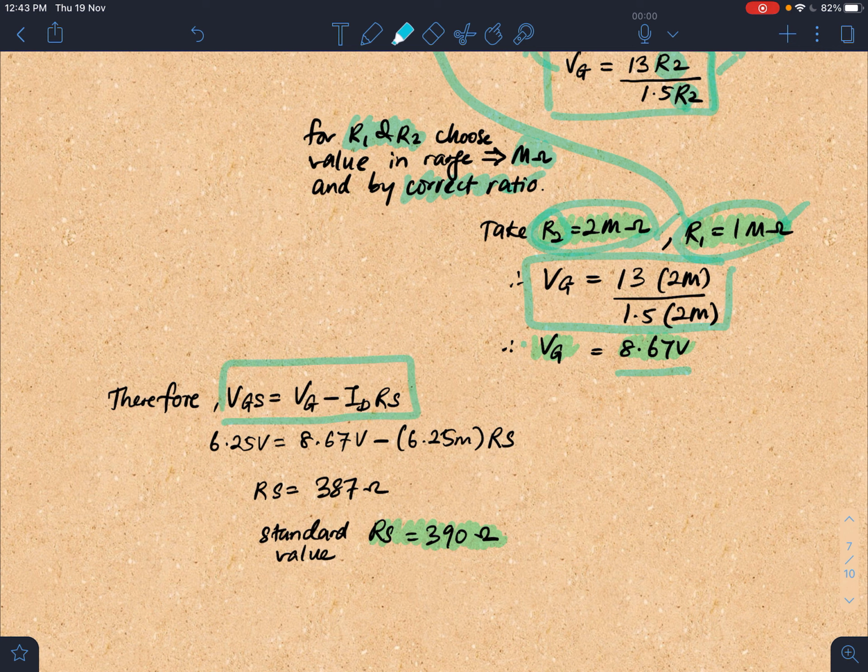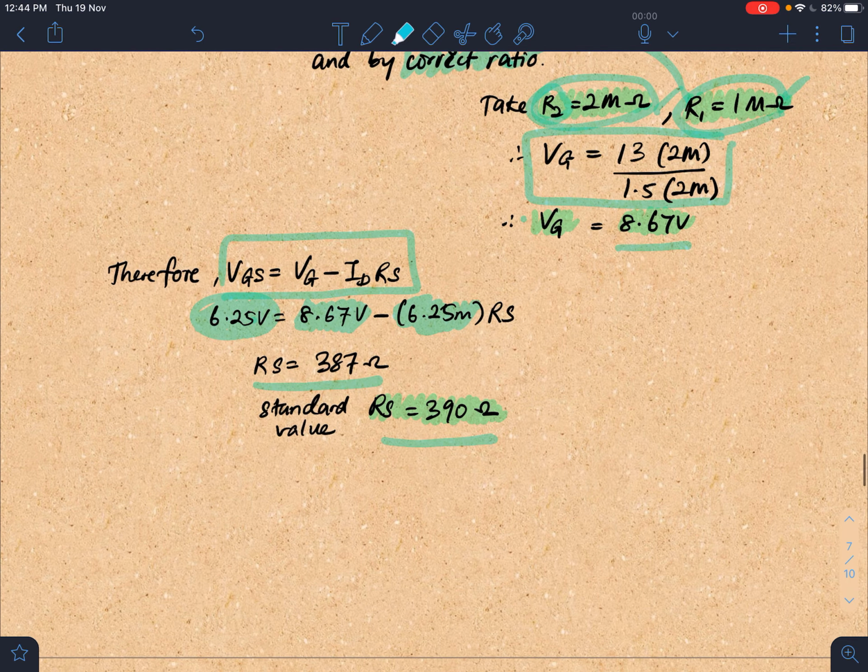Insert the VGS of 6.25, which is the VGSQ, the Vg of 8.67 volt, and then the ID. Now we get RS is 387 ohm, so the standard value is RS equal to 390 ohm.